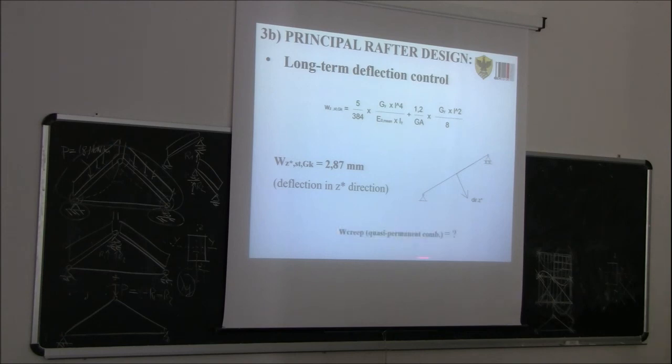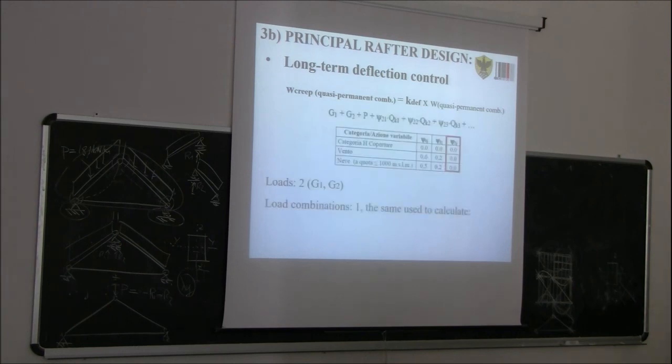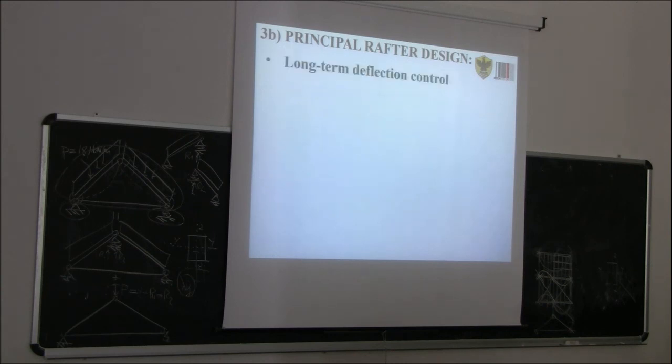Then we need to calculate the creep deflection due to the quasi-permanent load condition, which is the creep coefficient times the instantaneous deflection due to the quasi-permanent load condition. So basically this W quasi-permanent condition is the same that we have just calculated, 2.7 millimeter.